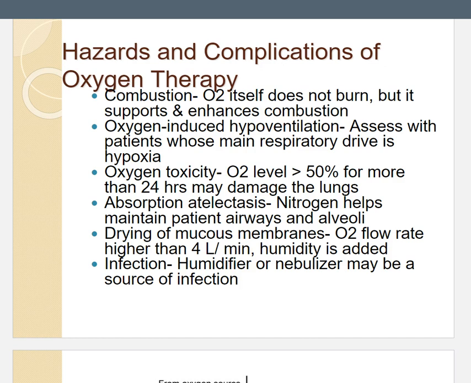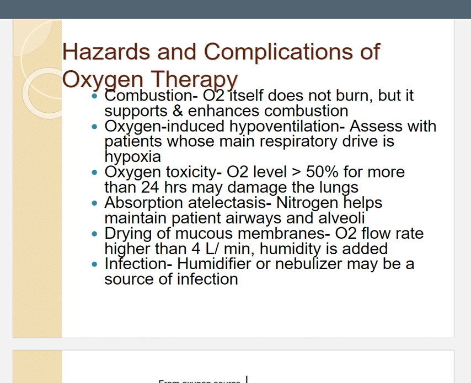This other one, oxygen toxicity. I'm not even sure if you're aware that you can become toxic with oxygen, but yes, you can. This usually occurs if we're giving high concentrations of oxygen. When we have to continuously increase that oxygen percentage to 50% or higher, obviously we have definitely a diffusion problem where there's improper gas exchange, okay, due to some kind of pathology in the lungs.